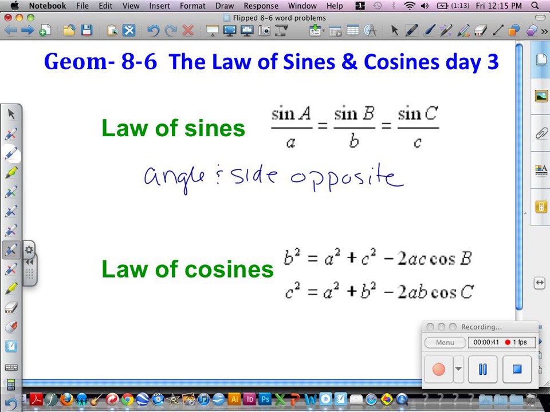What I mean by that is, if I know this angle and I have the length of the opposite side, and I know this angle, and I'm looking for the side opposite, then that would be an angle and a side opposite relationship. So you have an angle and a side opposite, an angle and a side opposite.